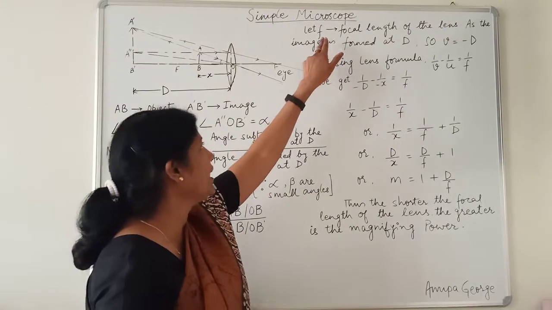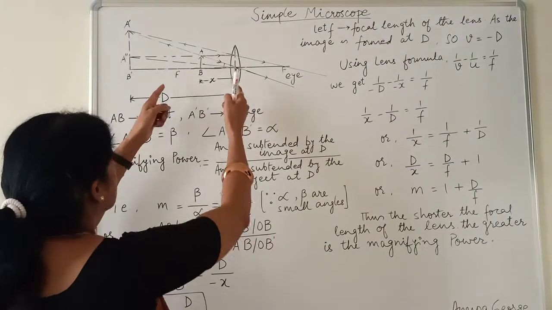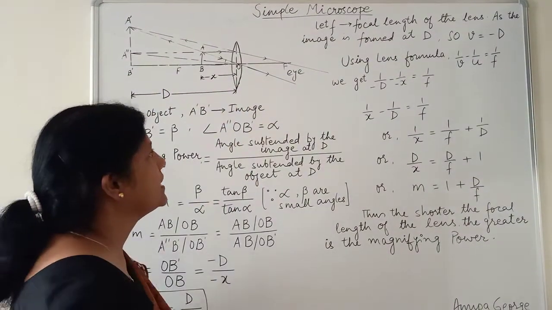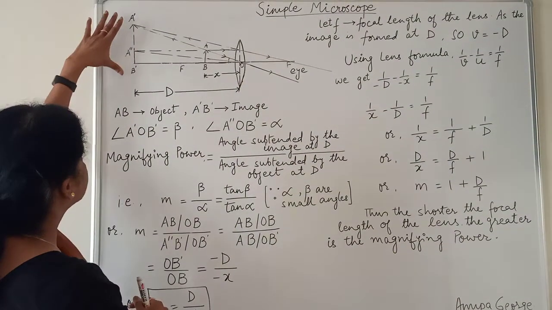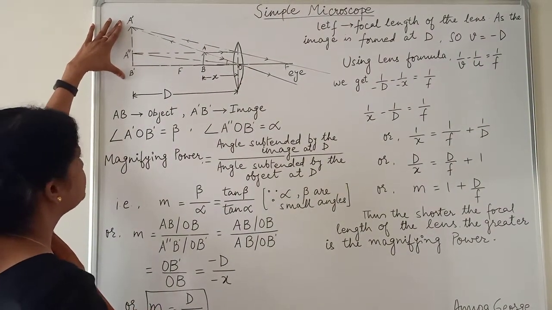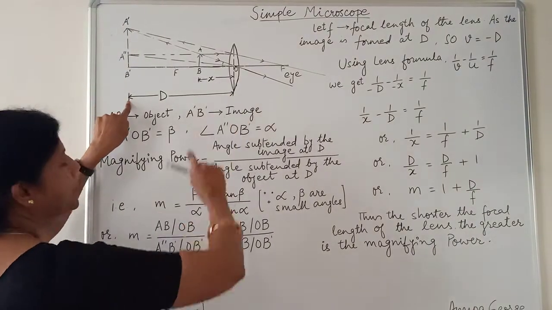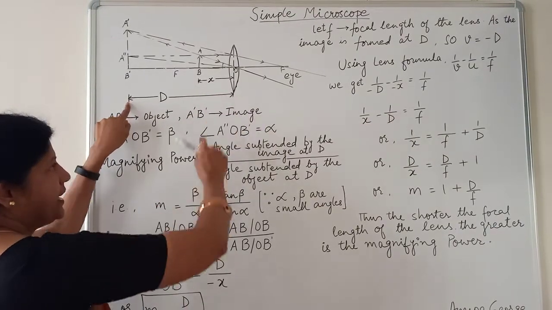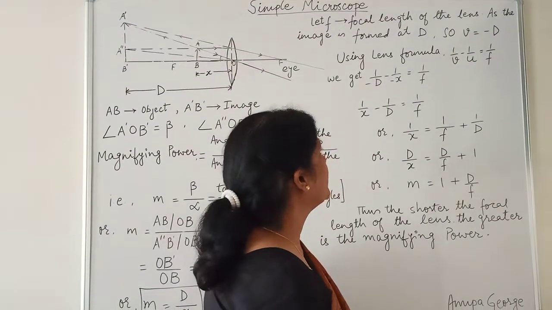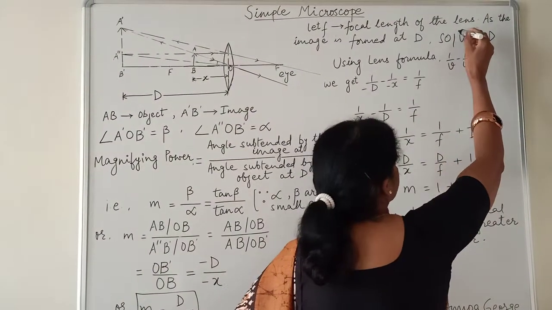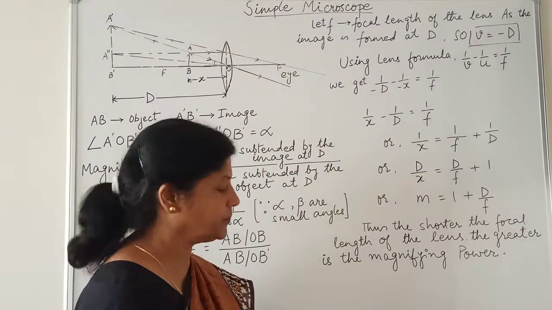Let F be the focal length of the lens. As the image A dash B dash is formed at D, and this D is the image distance, we can write V is equal to minus D using sign convention.